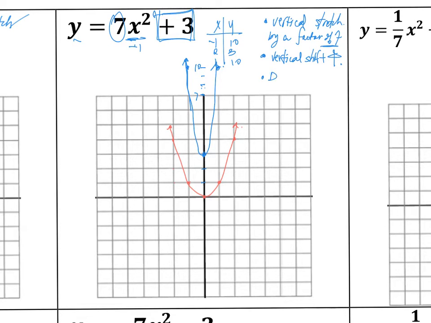And the third thing we can say is that the domain is still all real numbers. And the range is y greater than or equal to 3, starting from this point. Okay, I could draw a dashed line. So this is the graph of y equals 3, and we want everything above 3 for the y values.